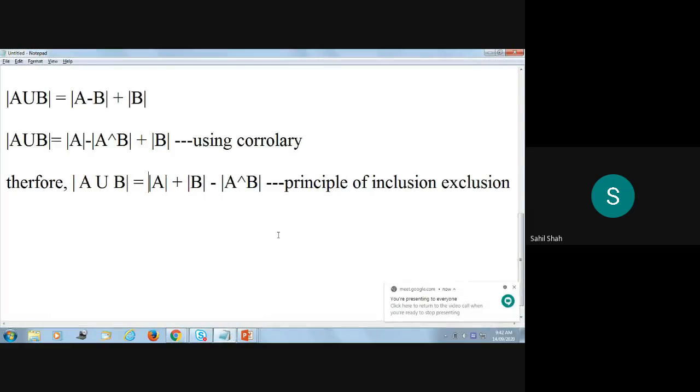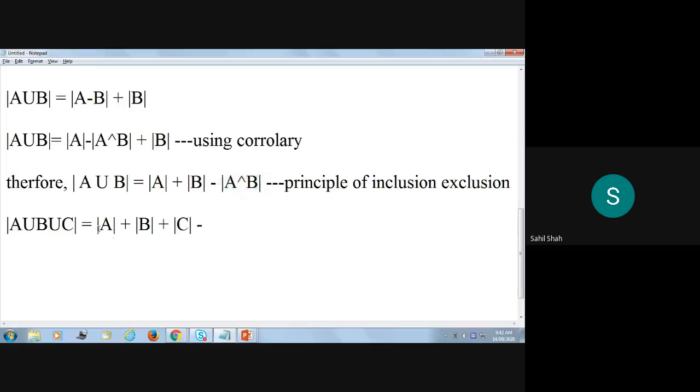This is applicable for two sets, but in case we are having three sets, how can we find A union B union C? We can find it using the formula: cardinality of A plus cardinality of B plus cardinality of C minus... For two sets, we are taking minus of the intersection.